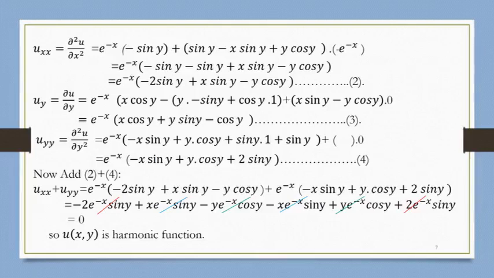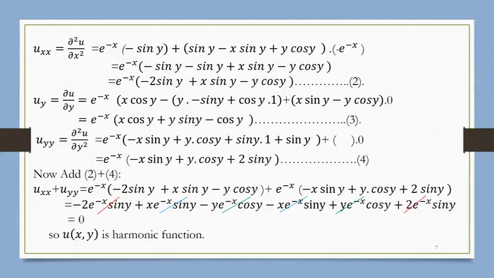We have minus 2 e to the minus x sine y and plus 2 e to the minus x sine y, the similar terms marked by the red line, so we cancel these two terms. Also we have two terms marked by the blue line that are the same, one positive and another negative, so we can cancel them. The third terms, marked by the green line, are minus y minus x cosine y and plus y minus x cosine y, the same, the first negative and the second positive. So these cancel to get the result equal to 0.